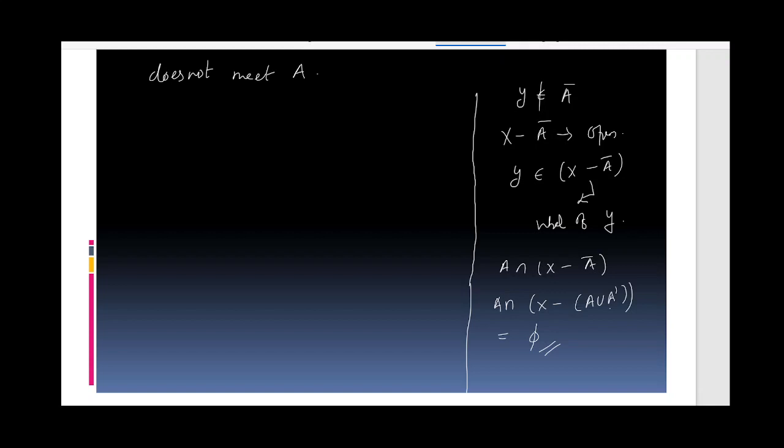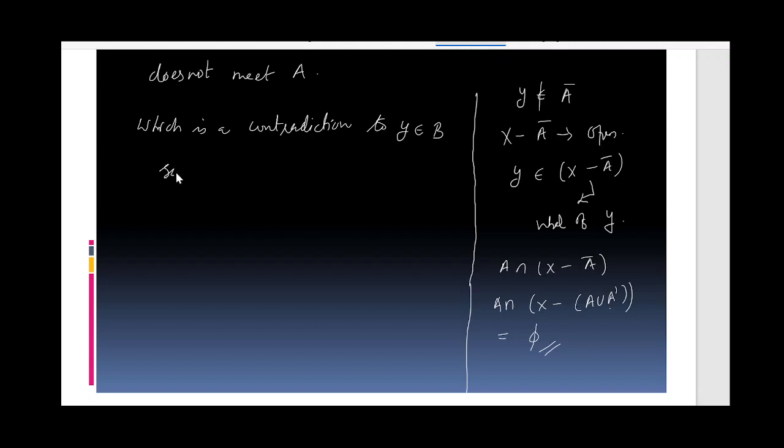B means those y we collected so that its neighborhood should have non-empty intersection with A. So we have got a neighborhood which does not meet A, which is a contradiction to y belongs to B.